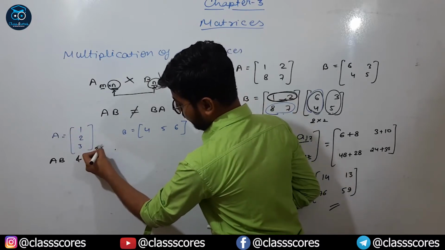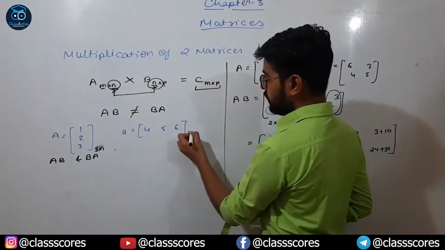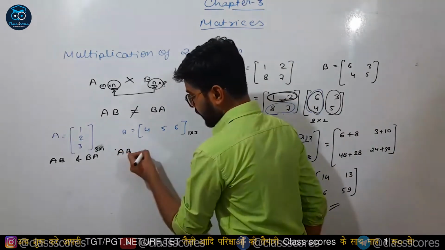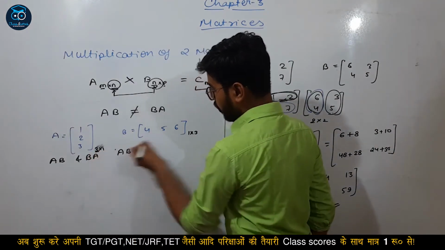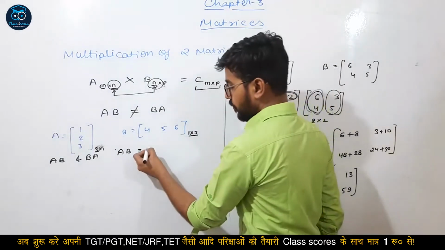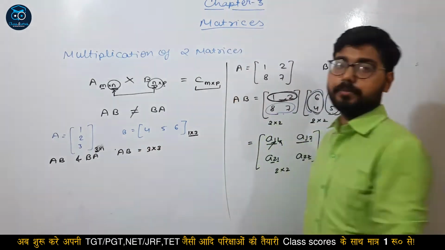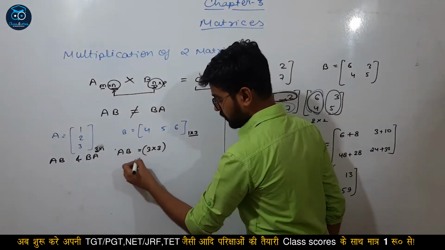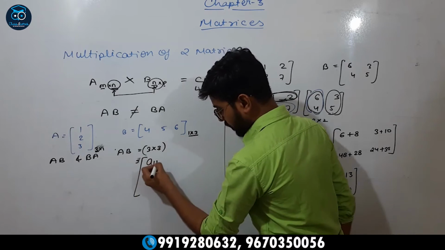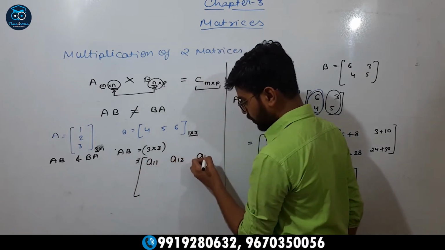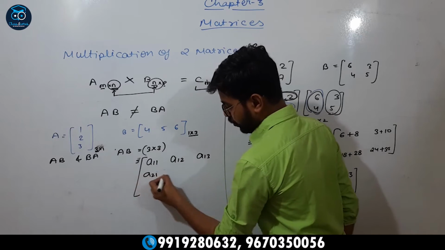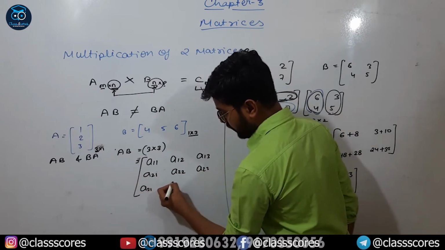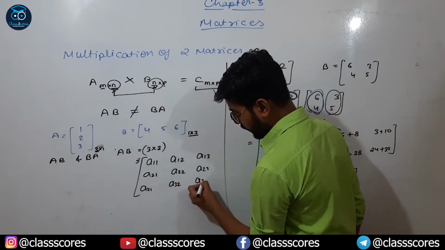So first of all we need to find the order for this. It is 3 cross 1 and it is 1 cross 3. When we do AB, meaning 3 cross 1 into 1 cross 3, we will get a matrix of 3 by 3. 3 by 3 means A11, A12, A13, A21, A22, A23, and A31, A32, and A33.